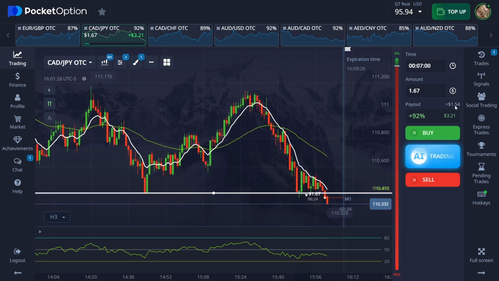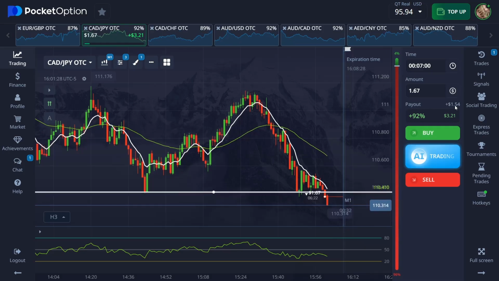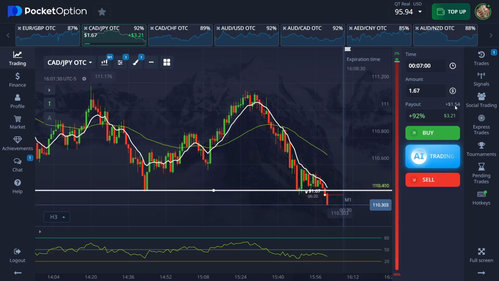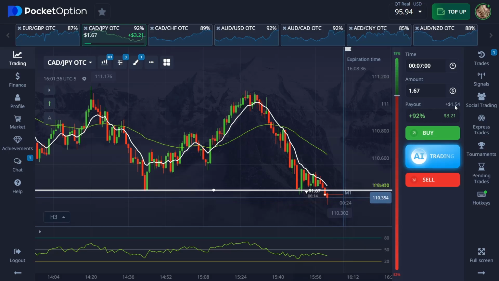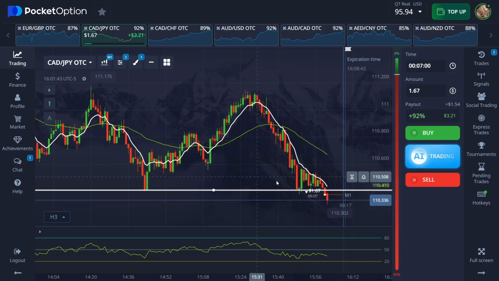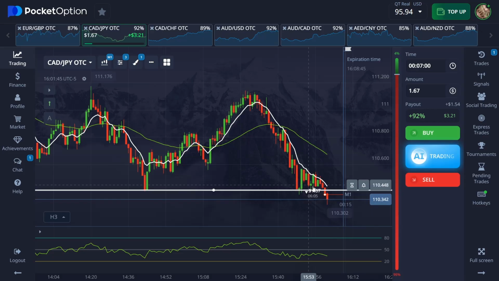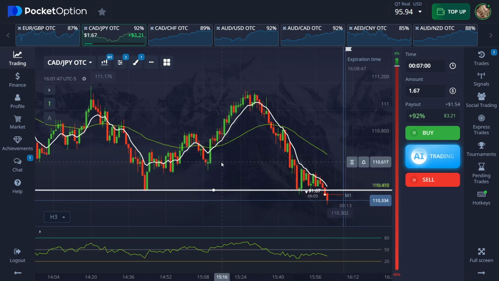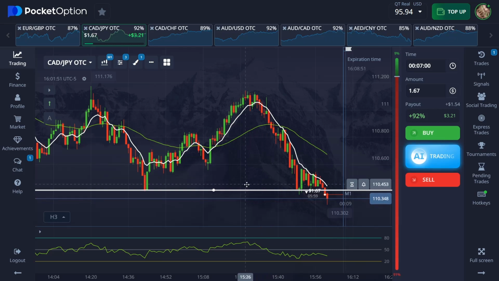That's what you make. But in forex, it's different. Your profit is calculated in pips. Let's say from this point here to this high low, it's 10 pips.